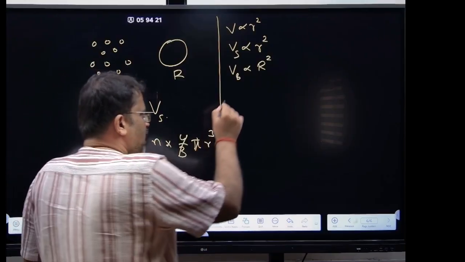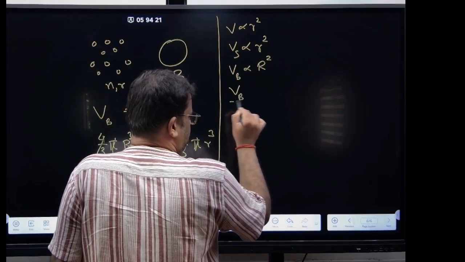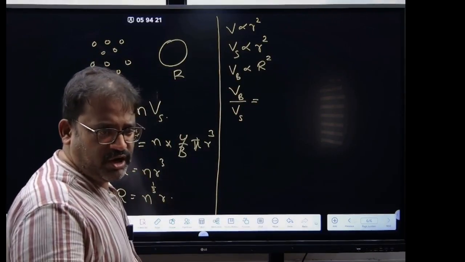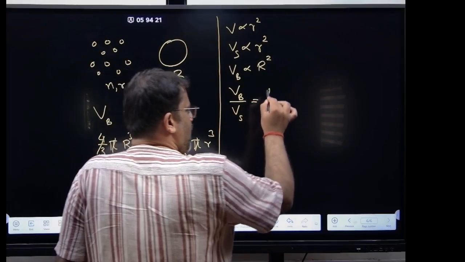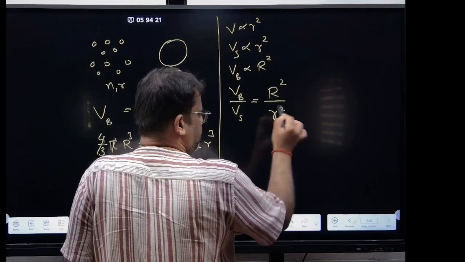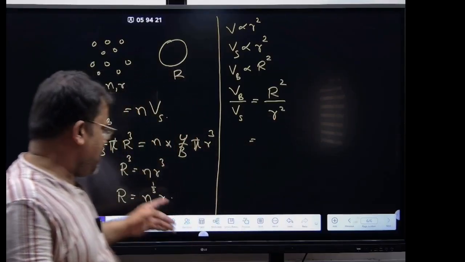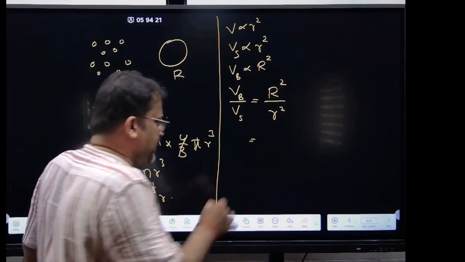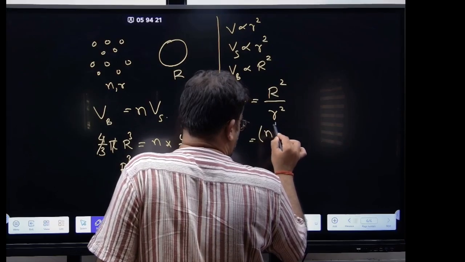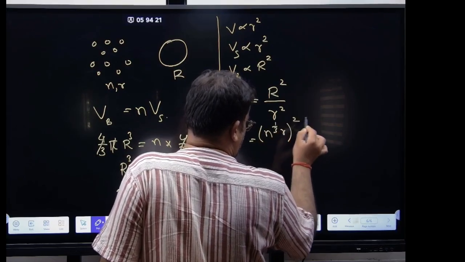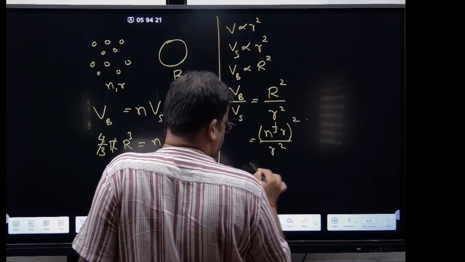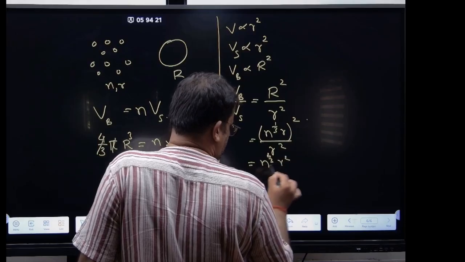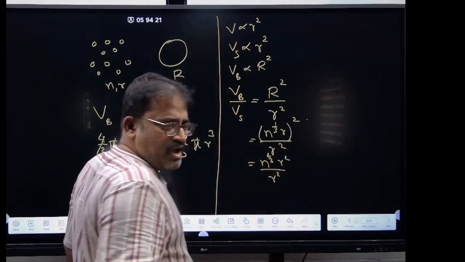Very good. Now, the velocity of the bigger drop divided by the velocity of the smaller drop is equal to R square divided by r square. What is R? n to the power 1 by 3 small r. So then I can write this as n to the power 1 by 3 small r, whole square, divided by r square, children. That is equal to n to the power 2 by 3 r square divided by r square.